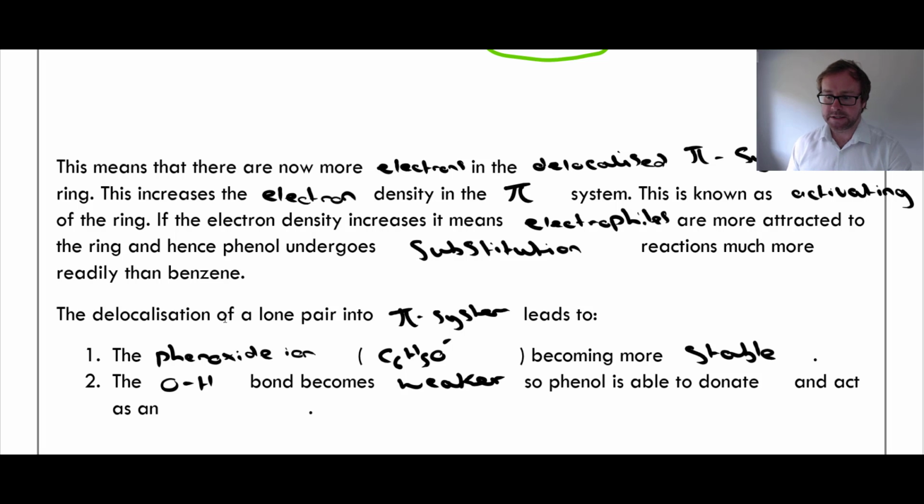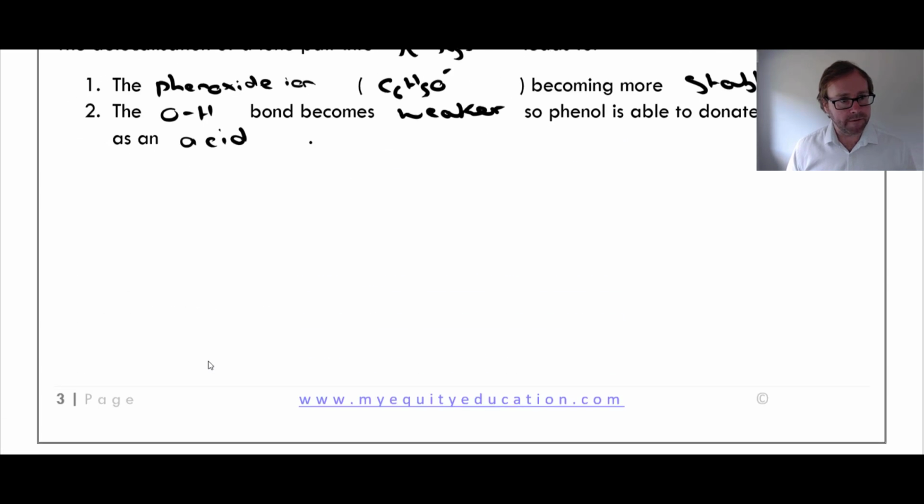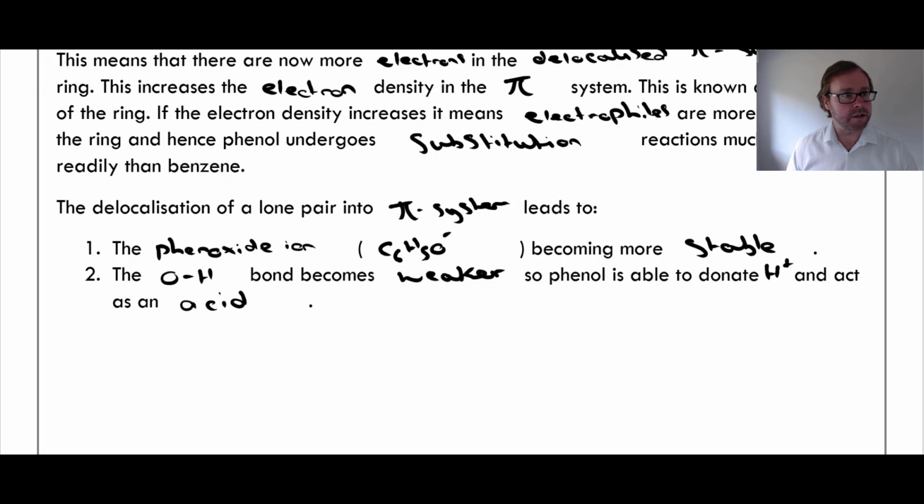So phenol is able to donate a H+ and act as an acid. Okay, so that's important when we come on to our reactions involving the OH group. Okay, so moving on. So I'm just going to write, just so you don't get confused, let's put reactions involving OH.